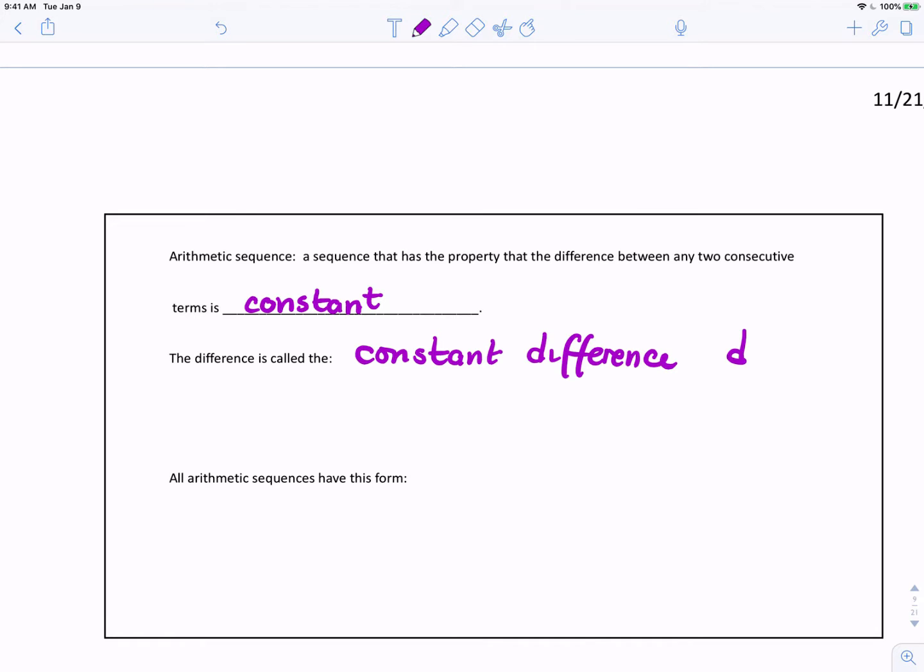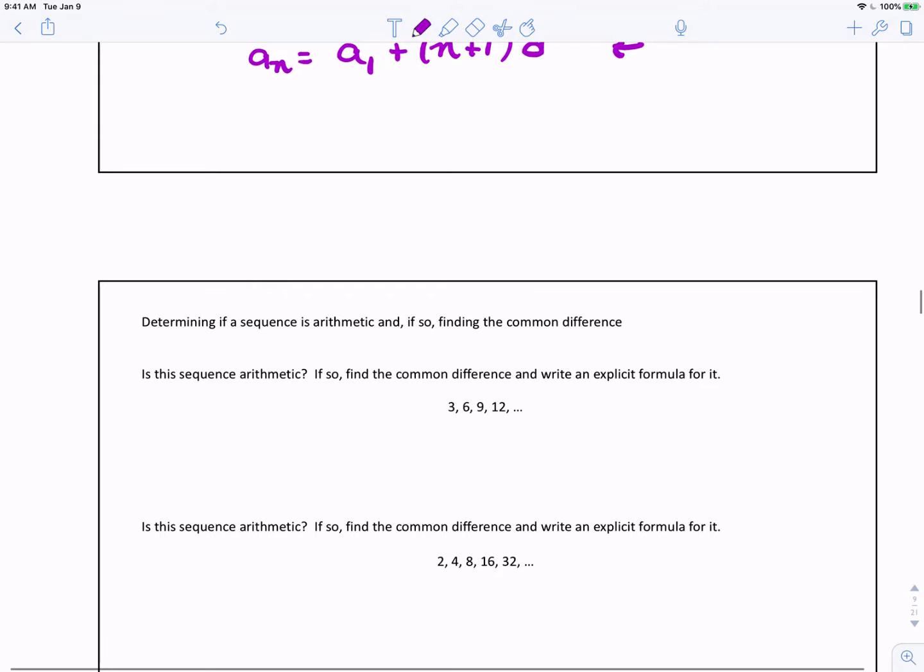And all arithmetic sequences have this form. So a sub n is going to be equal to the first term plus a multiple of the common difference. So this would be an explicit formula for the nth term of an arithmetic sequence.